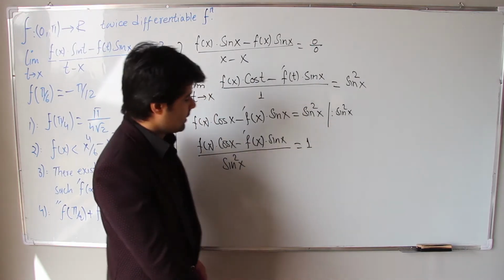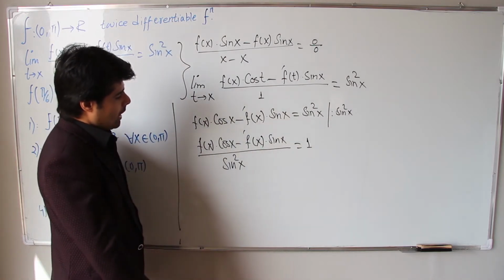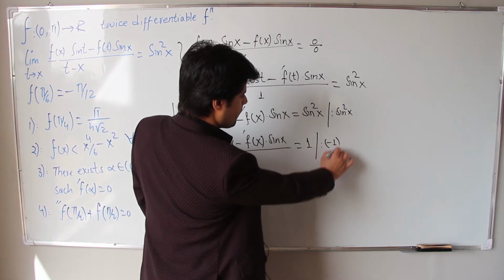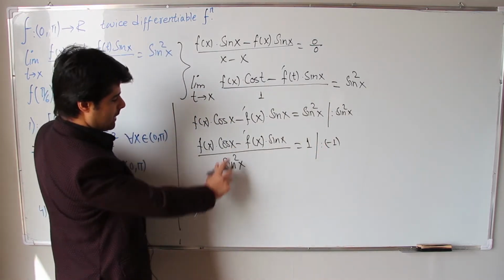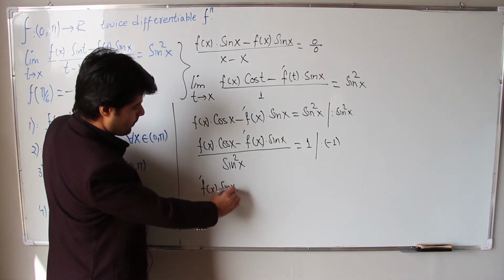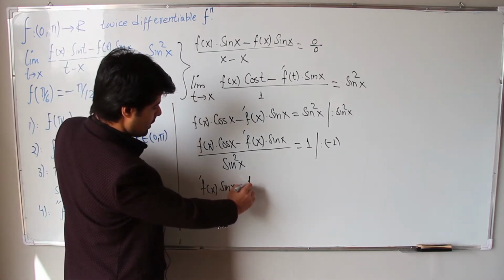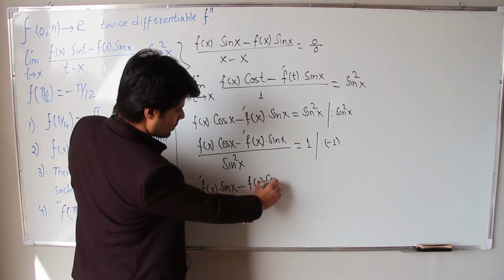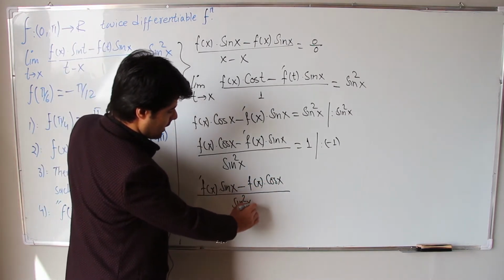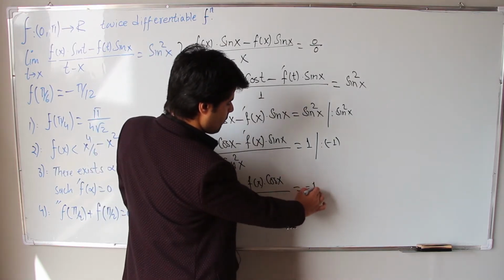Am I right? Yes. Now I want to divide both sides by negative 1. We will have f prime x sine x minus f(x) cosine x, divided by sine squared x, and this one is minus 1.